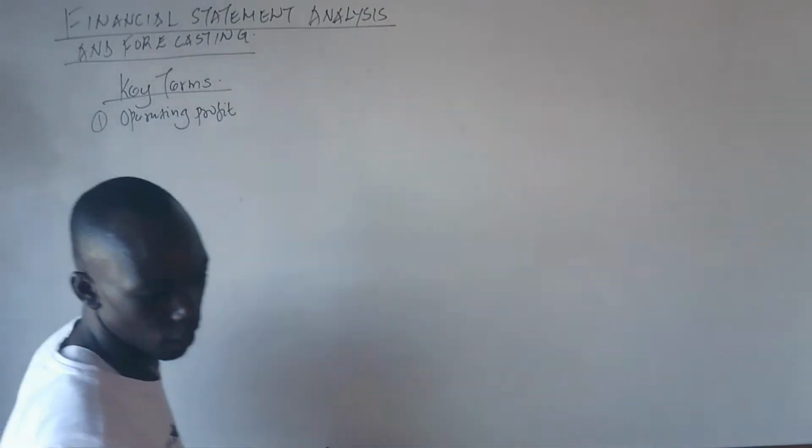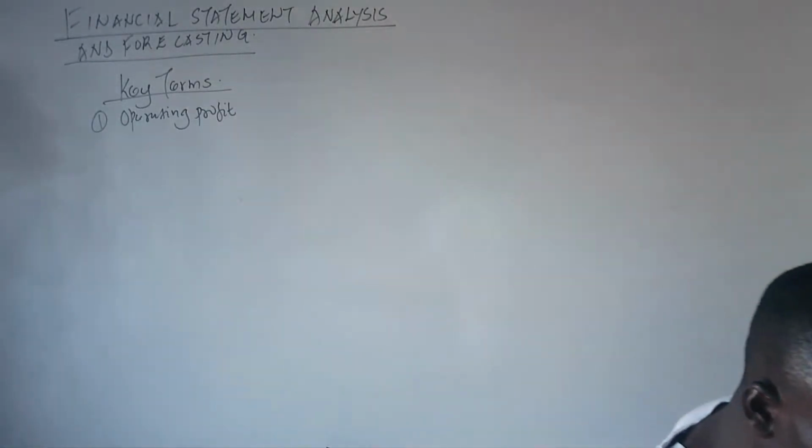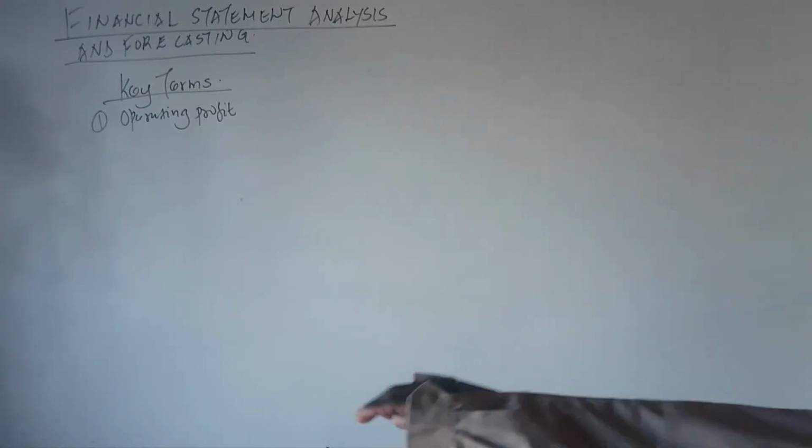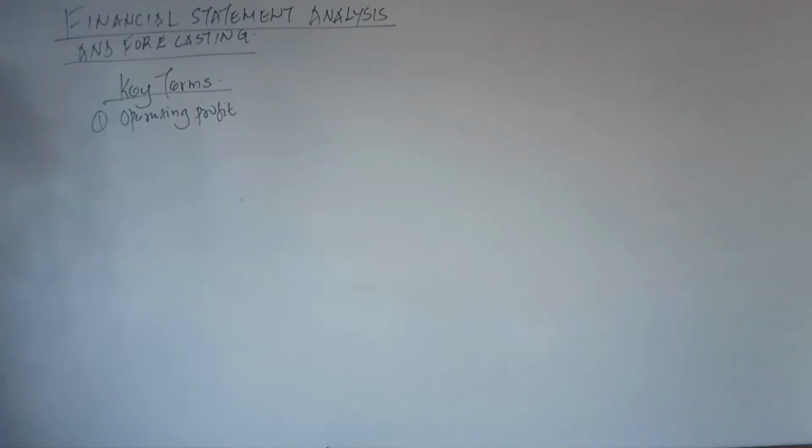Write and say, this refers to the earnings before interest and tax. That is what we refer to as operating profit.